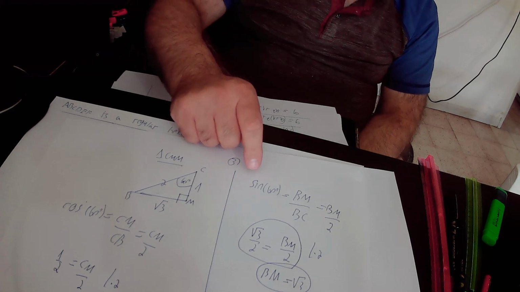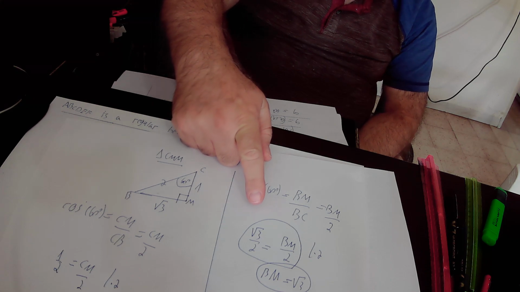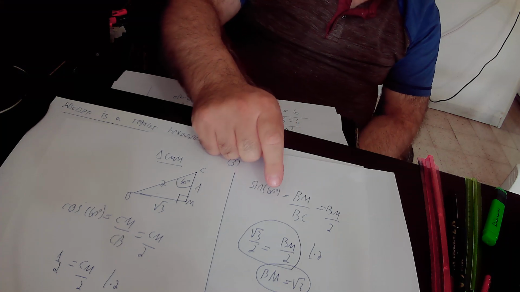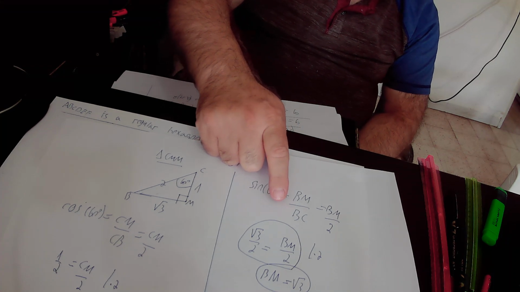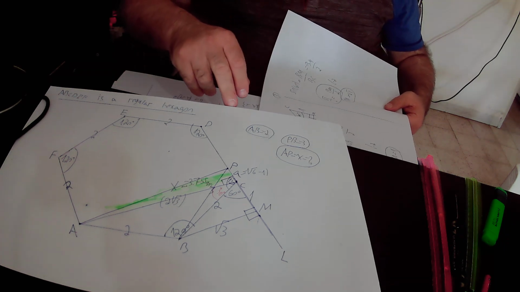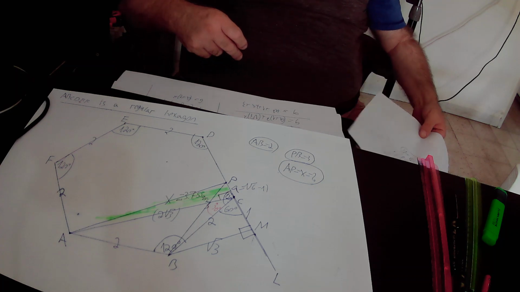Sine of 60 degrees equals square root of 3 over 2, so it is equal to BM over 2. Here we multiply this equation by 2 and found out that BM equals the square root of 3 units.